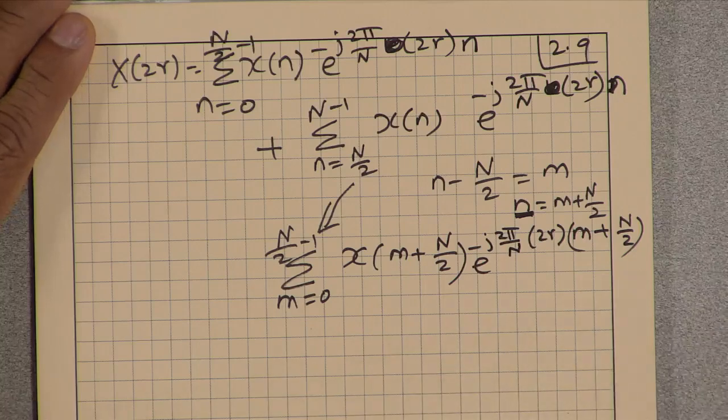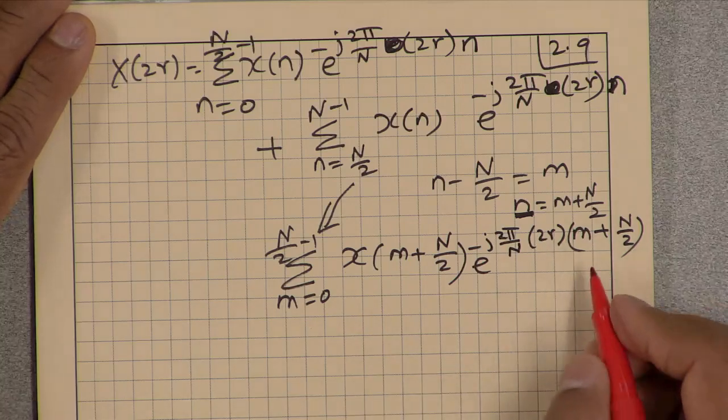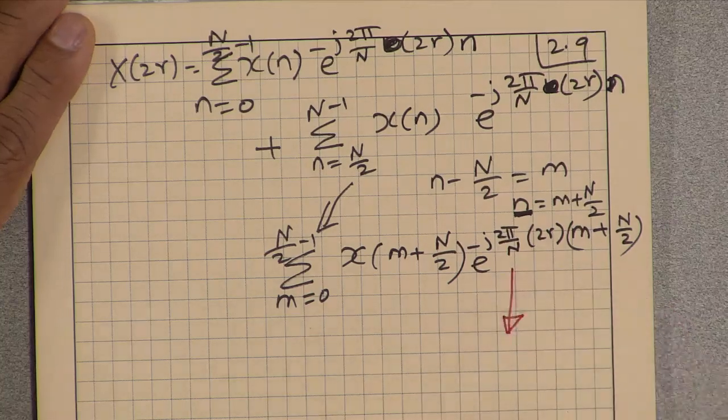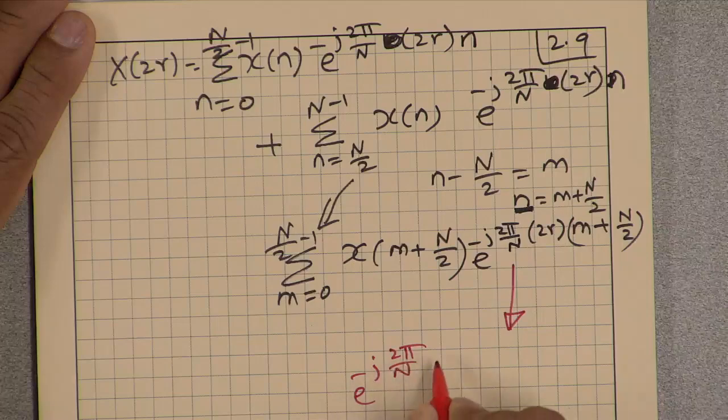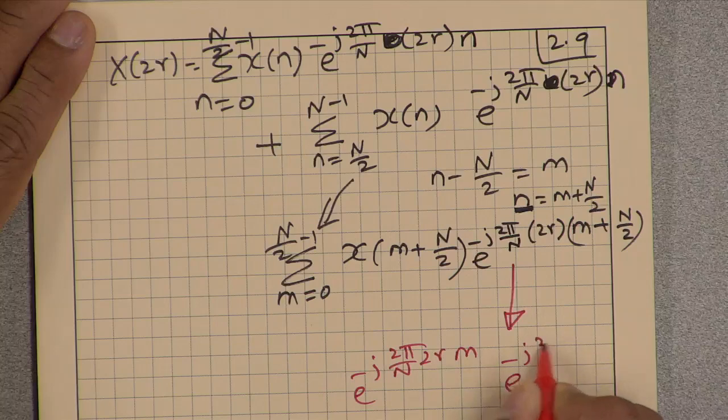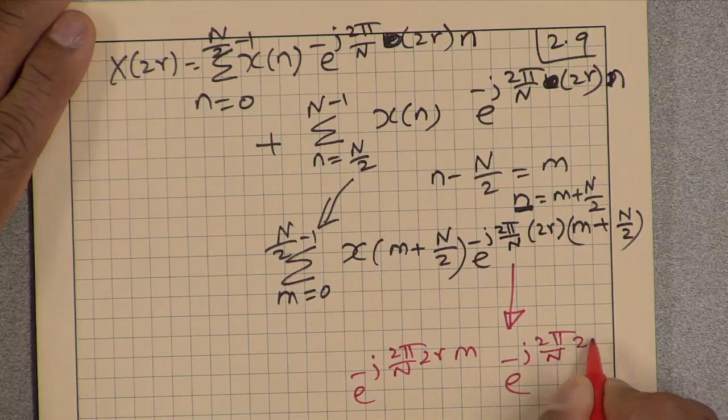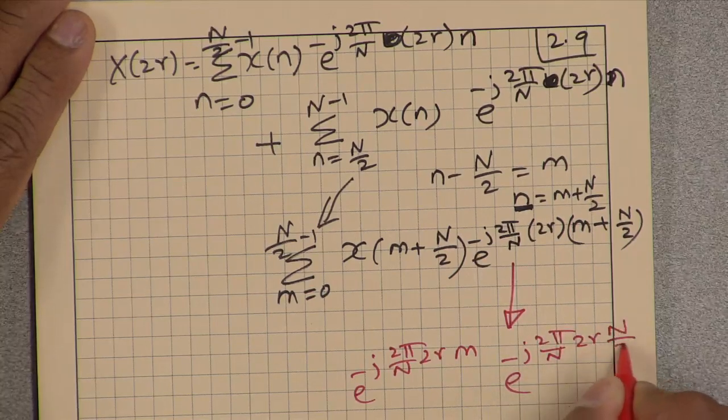Okay, so now let's see. This quantity again, we can write that as e to the power minus j 2 pi by N 2rm times e to the power minus j 2 pi over N 2r N by 2.